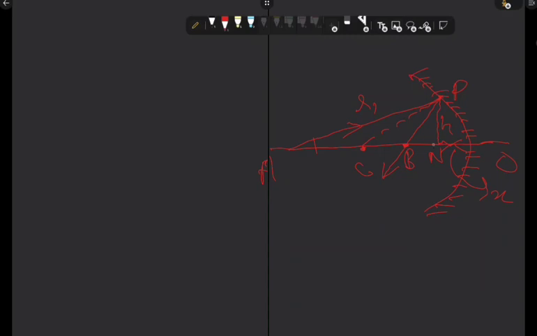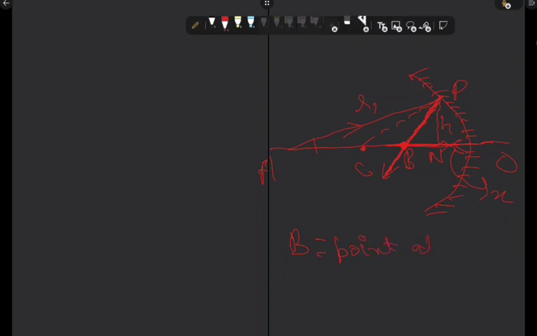This is the reflected ray from point P, and this is the reflected ray from O. The point at which they intersect is point B, where the real image is formed.